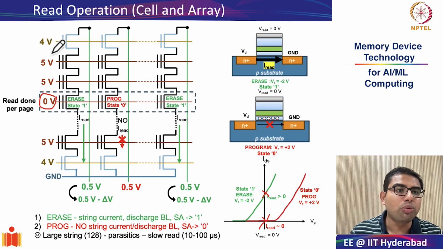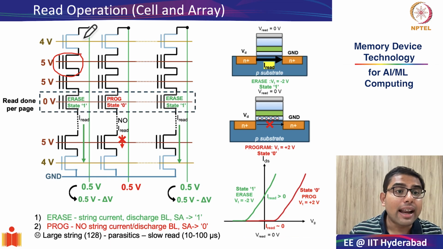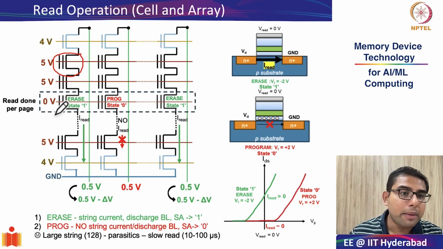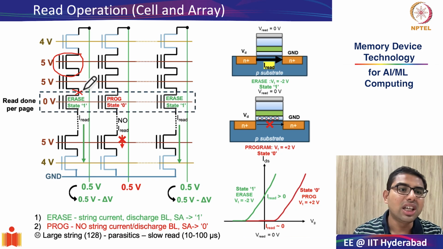You apply a pass voltage at other word lines, so that irrespective of the state of the cell, it allows the small bit line voltage that we apply to finally pass on to the drain of the transistor of our interest. That's why it is called the pass voltage, which is applied at other word lines of the block which are not of our interest.